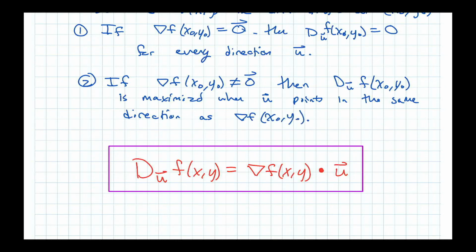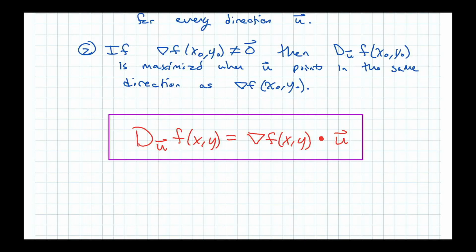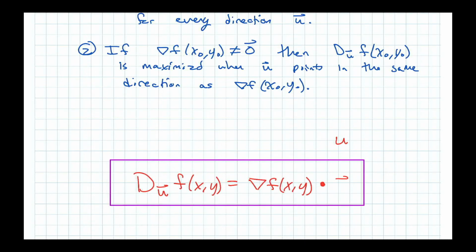Okay. And they go further, and the maximum value of the directional derivative can also be calculated.